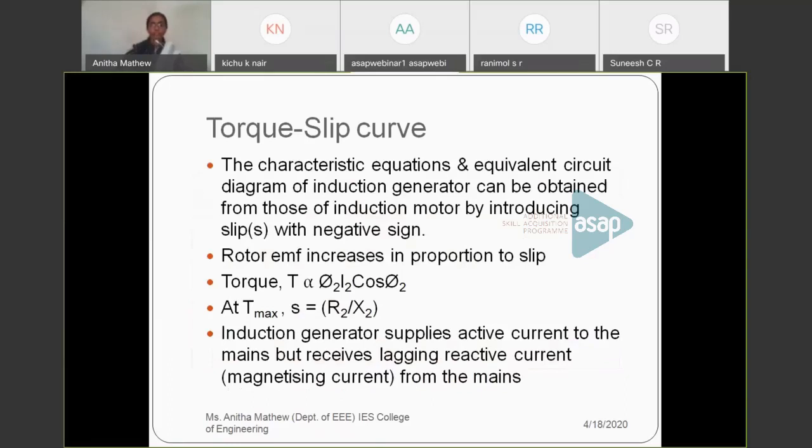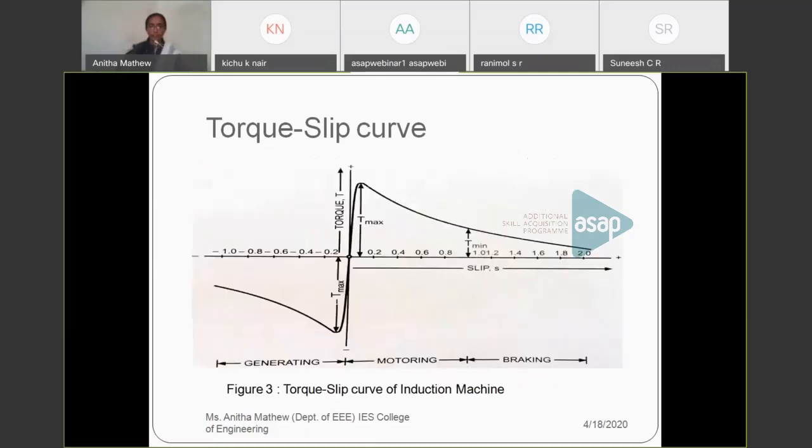Okay, the torque of this induction generator is the same as that of the induction motor, except we have to add a negative sign in slip.